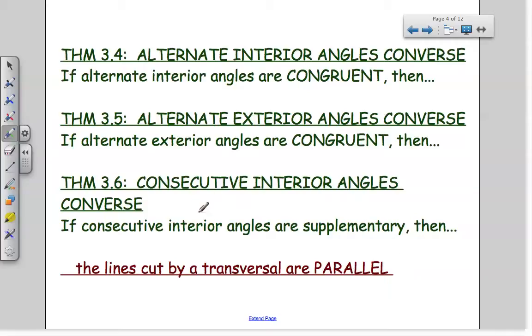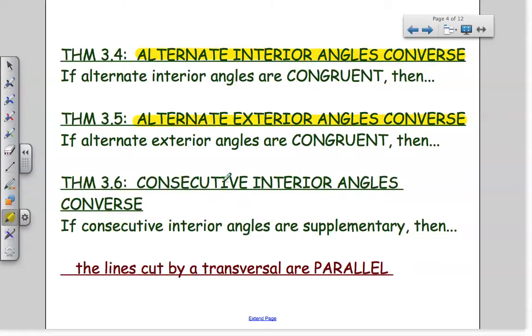This one's a little different. Remember, consecutive interior angles. If we know that these are supplementary, then the lines cut by the transversal are parallel. Notice again that all of these are the converse because we're starting with knowing the angles are congruent and we're saying the lines are parallel.